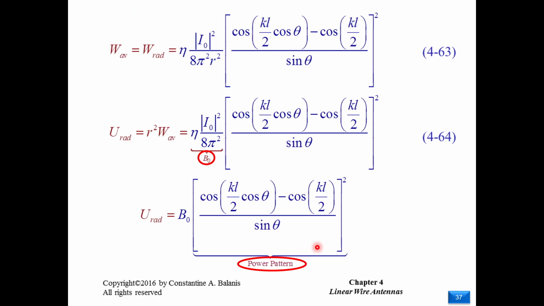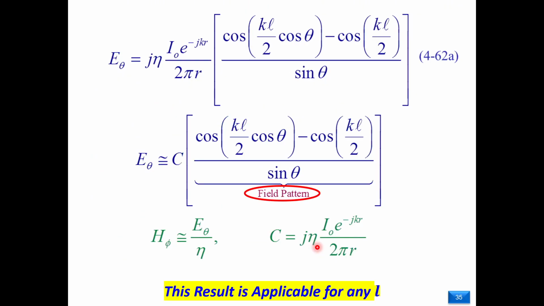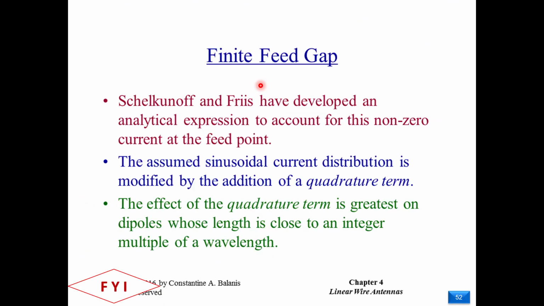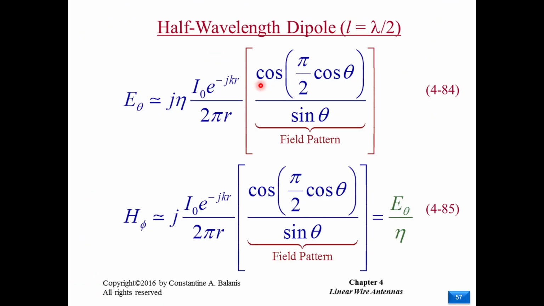So we did the analysis here for arbitrary length, and here for lambda by 2, this 2 pi over lambda multiplied by lambda by 2 will give us cosine pi over 2, which is 0, and we are left with this expression for the radiated field, both E theta and H phi.